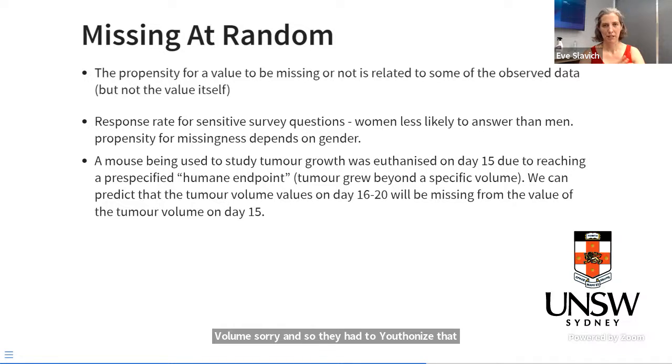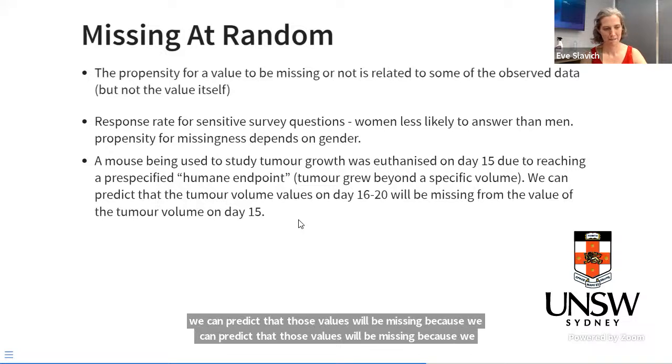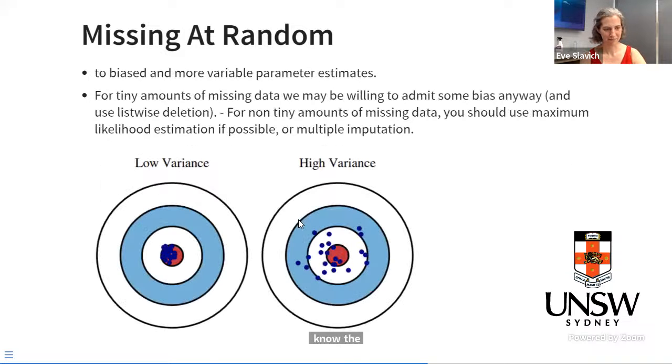So it wasn't the mouse dropping out of the study or anything, but we never got to measure the mouse on days 19 to 20, but we can predict that those values will be missing because we know the tumor volume on day 15. So that's also missing at random.